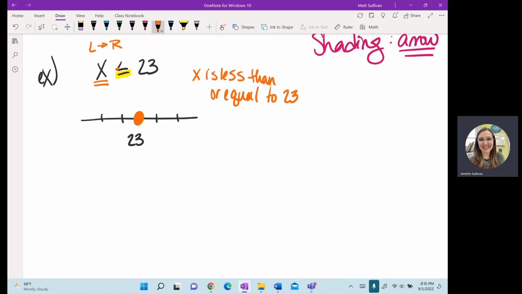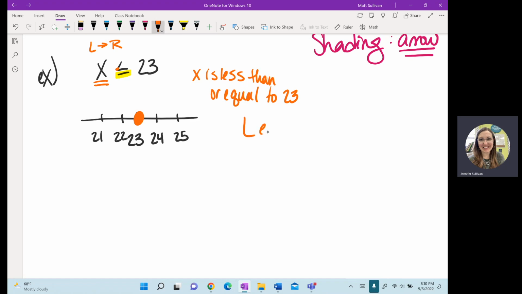So less than tells me that I need to have numbers less than 23. Well, do less than numbers go this direction? Nope, they go this direction. So we need to include our shading going to the left.